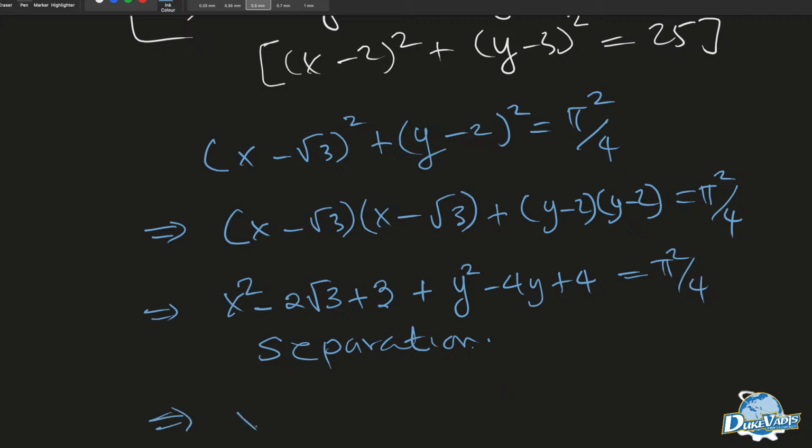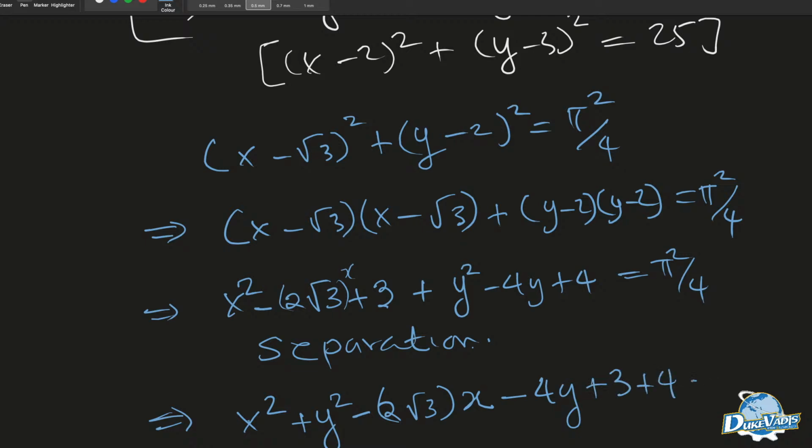So we have x squared plus y squared. Here, don't forget it's x. Now here we have minus 2 root 3 into bracket x, then we have minus 4y, then we have plus 3 plus 4 minus pi squared over 4 is equal to 0.